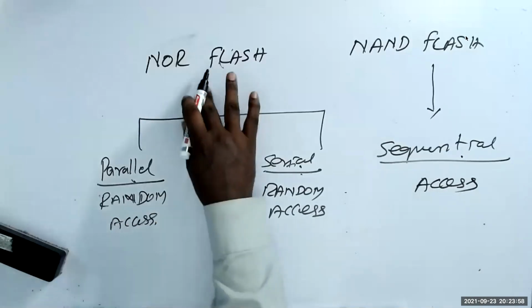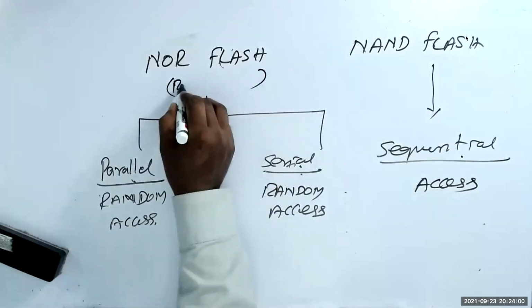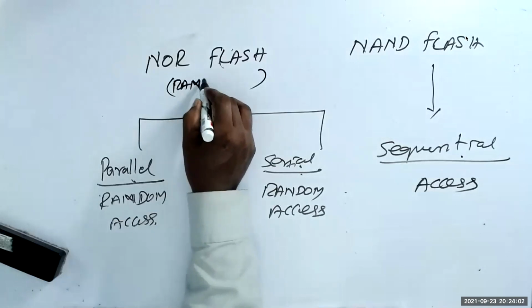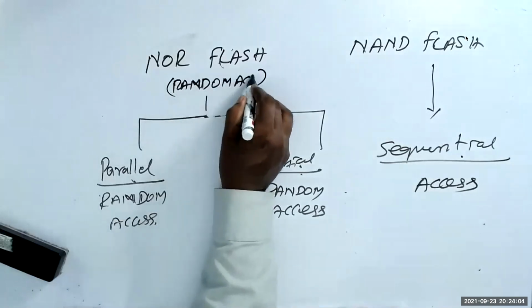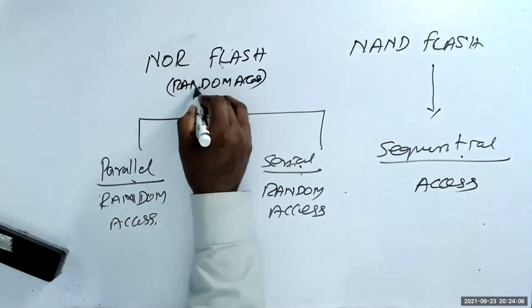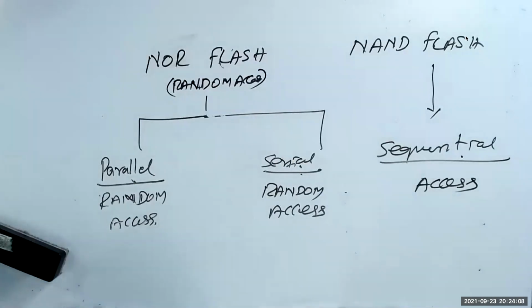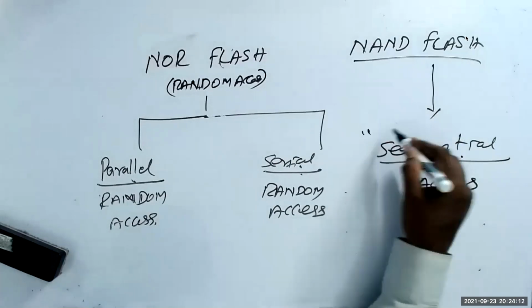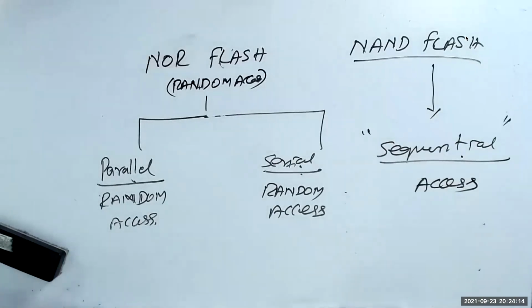Or you can write this as NOR flash random access. So all NOR flash are random access, and NAND flash are sequential access. Okay.